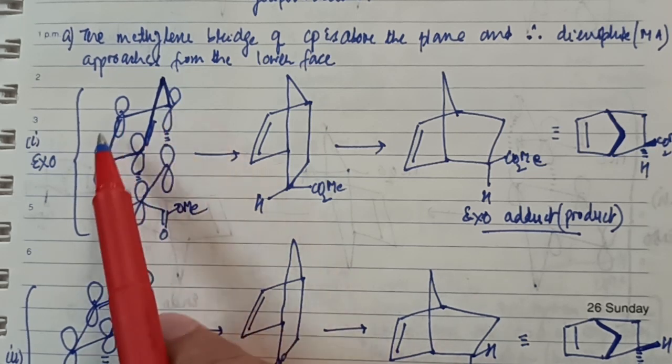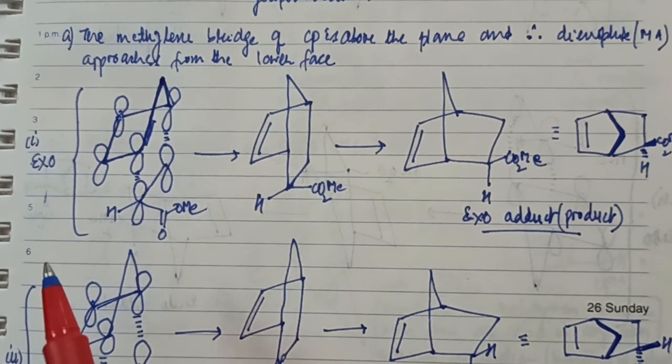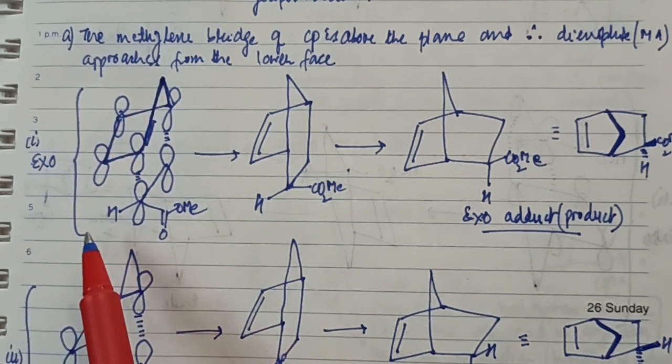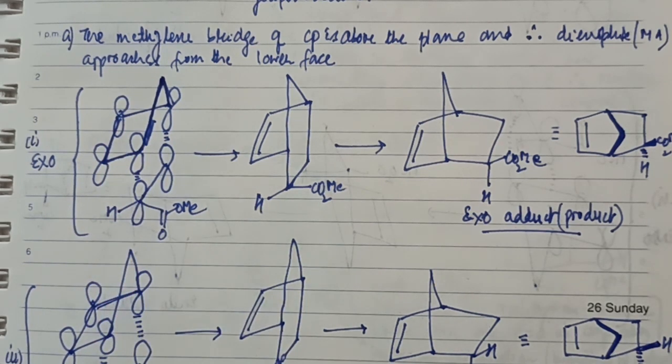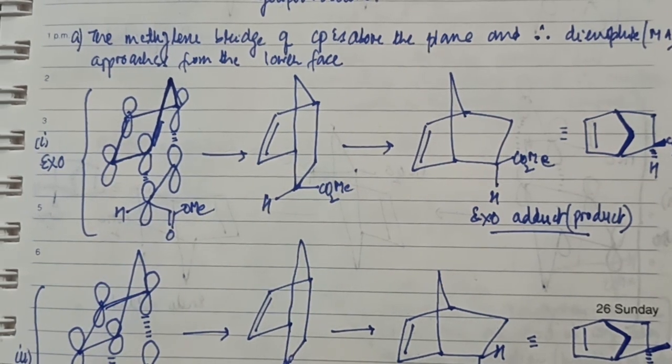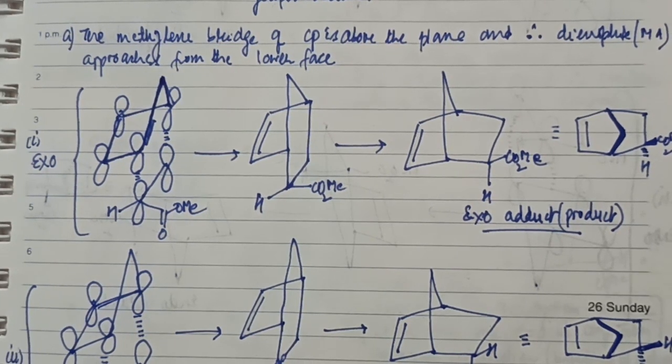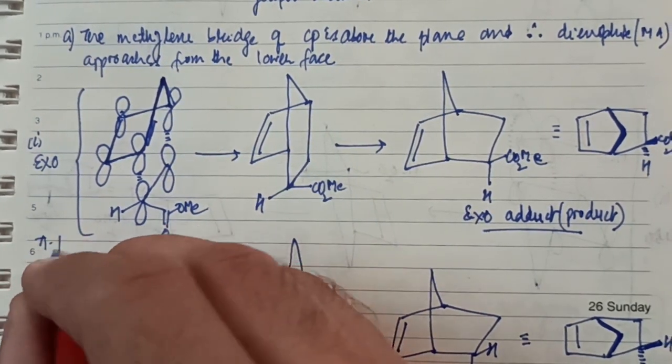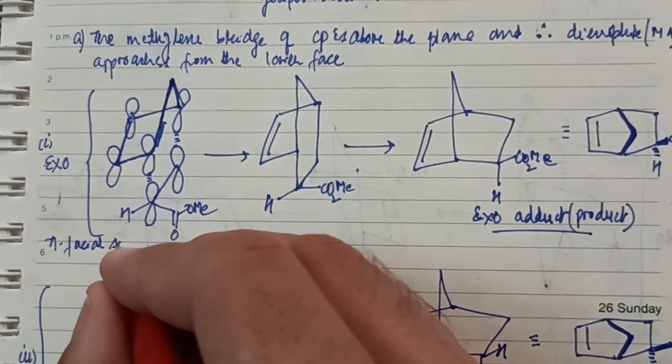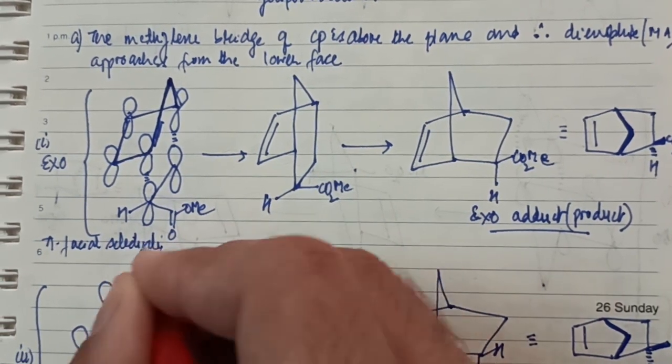Since the diene has two faces and one face is selected because it is sterically free over the other, we use the term bifacial selectivity. What is bifacial selectivity?